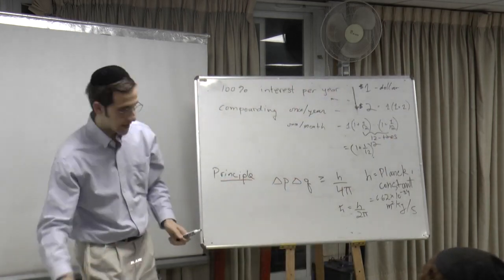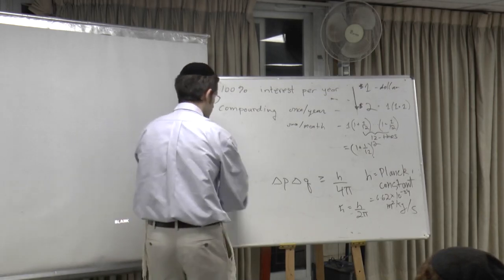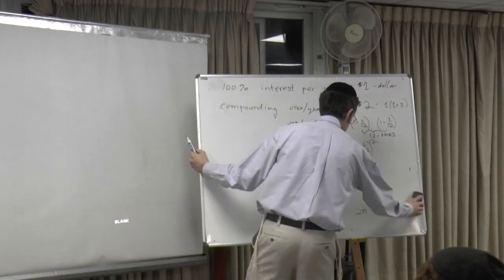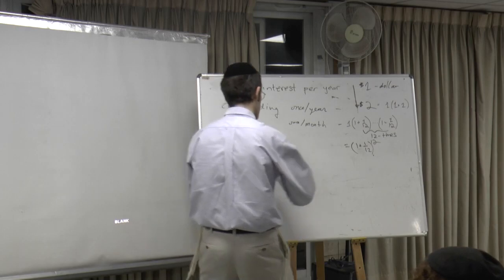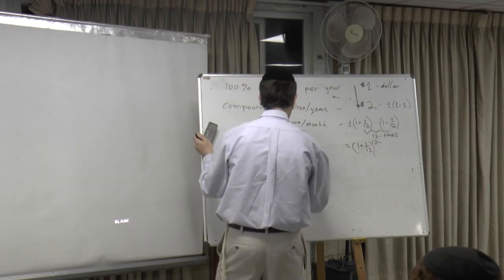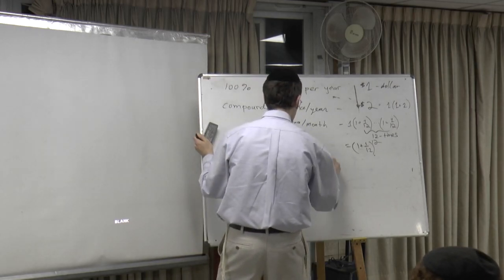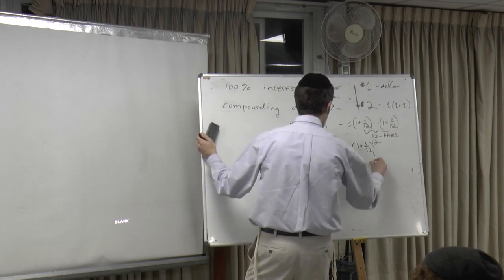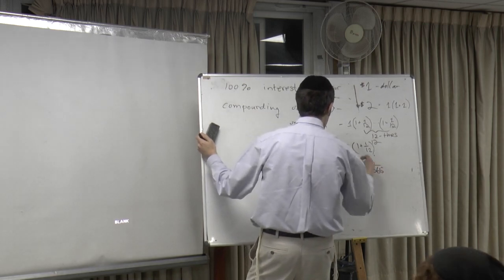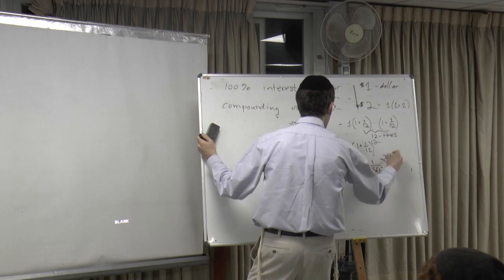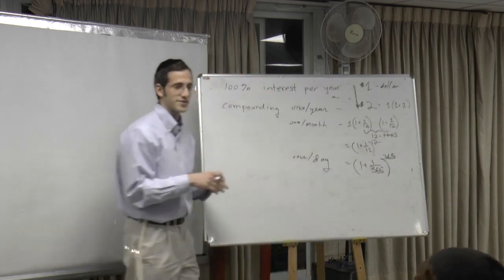Okay, and you could do it once per day. And then you'd get 1 plus 1/365. Let's be imprecise.